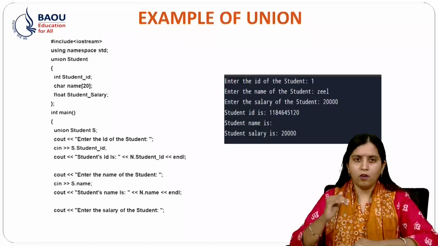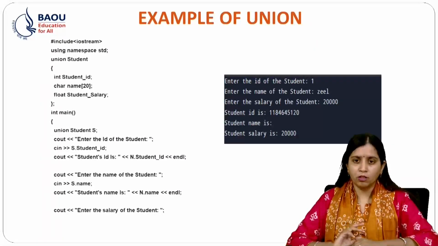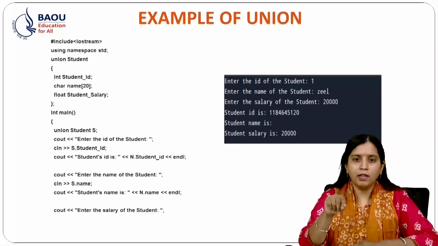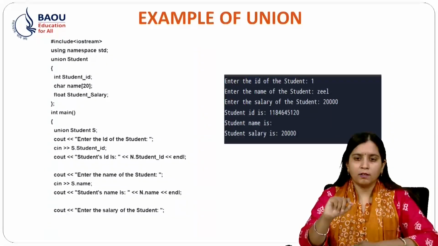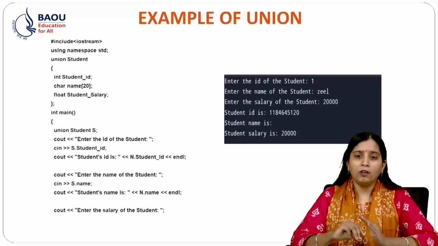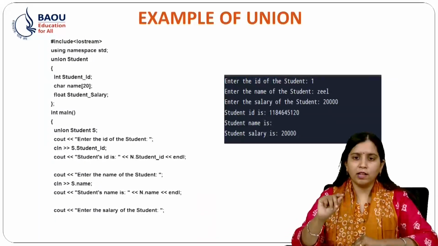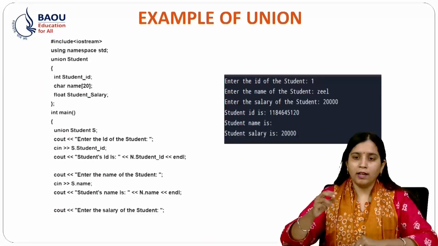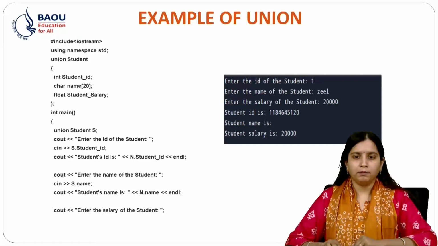So over here the compiler may get confused, which right now you can see that student name is blank in our output. Why are we getting this? Because the compiler gets confused and it overrides it with the salary. So student salary we will get as 2000 because next we don't have any other student name.